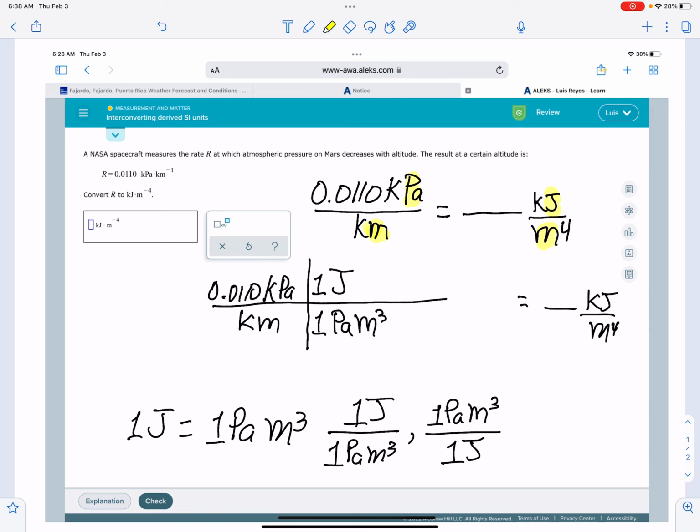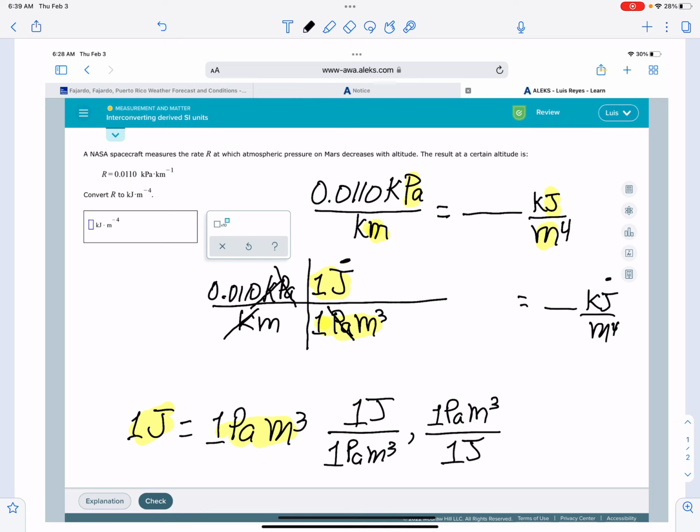We used 1 joule equals 1 pascal cubic meters. That way we have joules on top, which is where we want it. That will take care of the pascals. The kilo will actually cancel that kilo.